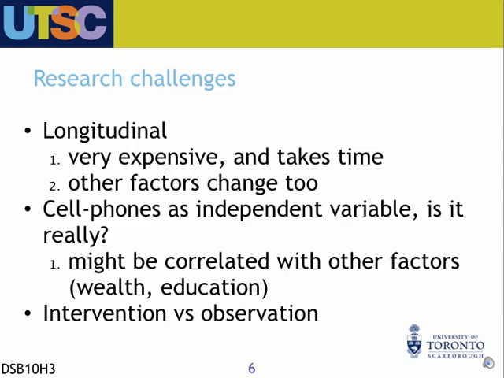So one possibility is doing a longitudinal study, which is to say 5 years ago this many percentage had them, and now this many percentage. So you could look at the change in that percentage, and then you could look at which other factors changed at the same time, and what is the relationship between these factors. Now, doing that can be very expensive because it takes a lot of time.